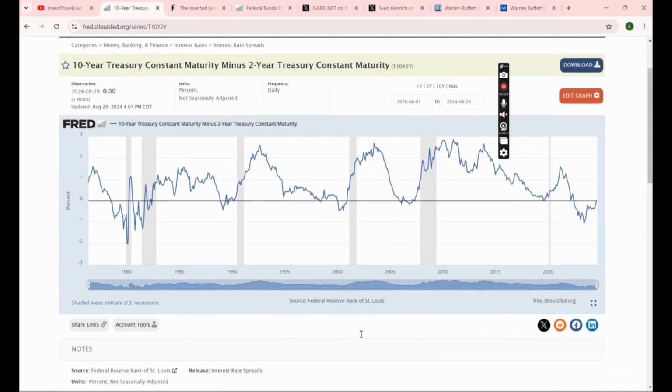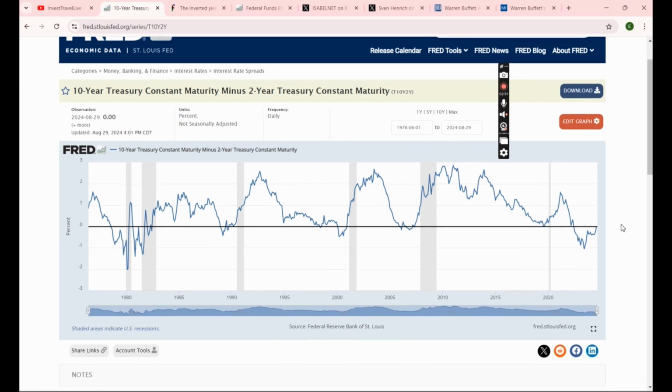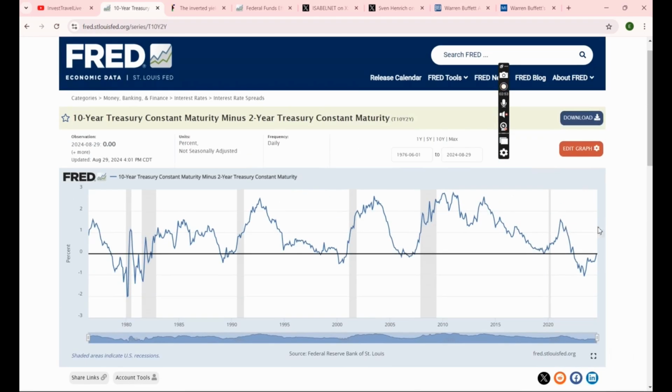So from what I understand, it shows whether the 10-year bond is offering higher rates versus the 2-year bond, right? So this is the positive difference. Basically, when you hold cash in some savings accounts, then on the longer term you should expect to get more money, right?